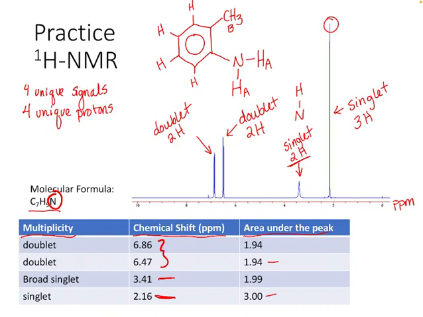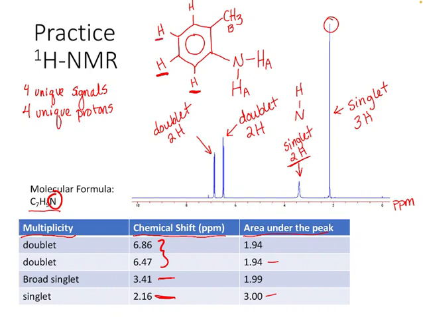Now, let's focus on the hydrogen that's at the bottom. Is that going to be its own unique hydrogen, or is it similar to other hydrogens? It's actually its own unique hydrogen. It's 2 bonds away from a nitrogen, whereas the next proton is 3 bonds away from a nitrogen.